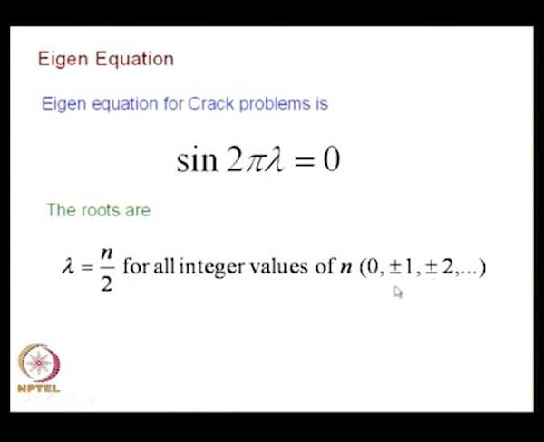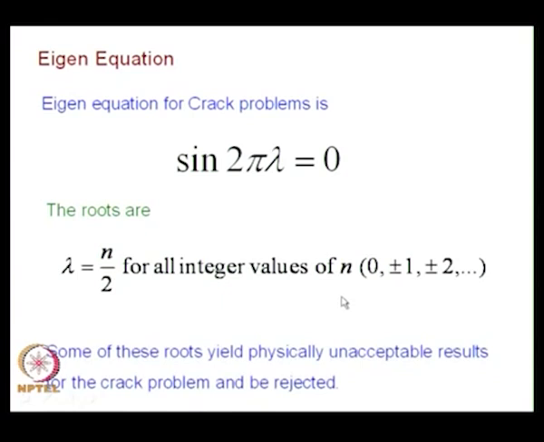Let us look at what happens for n equal to 0 and negative values of the roots. And we will have to investigate whether any of them yield physically unacceptable results. If they yield physically unacceptable results, you have to discard them.